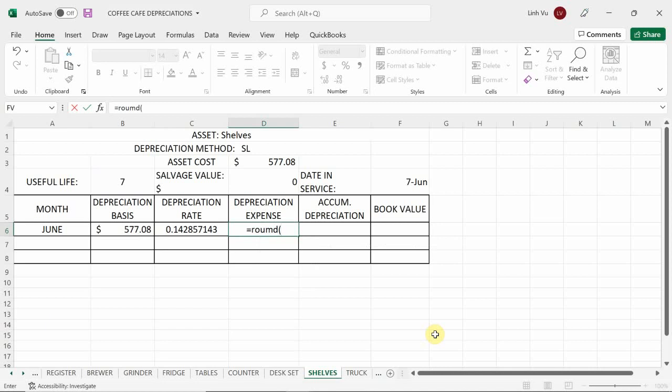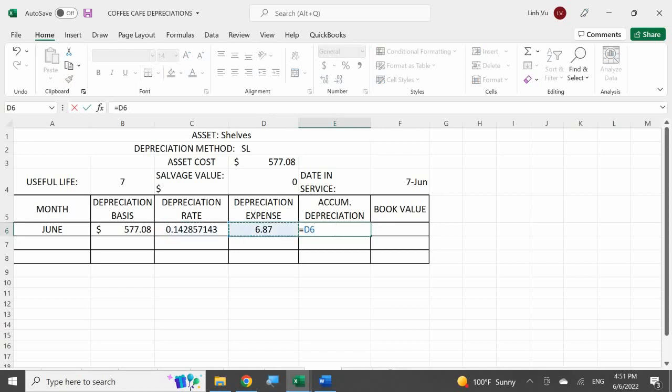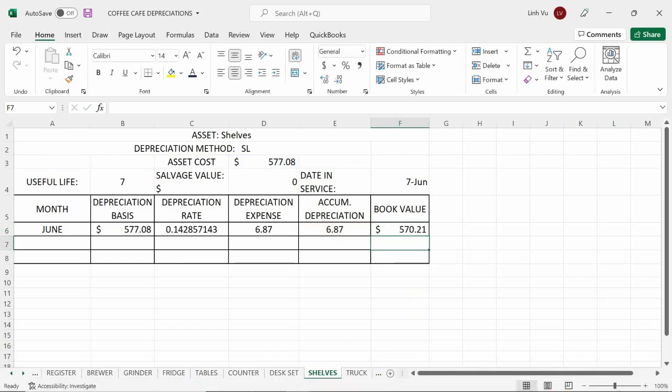So we're going to calculate the depreciation expense to be your basis times rate divided by 12, so a total of $6.87 for the depreciation expense for the month of June. So that was the furniture.